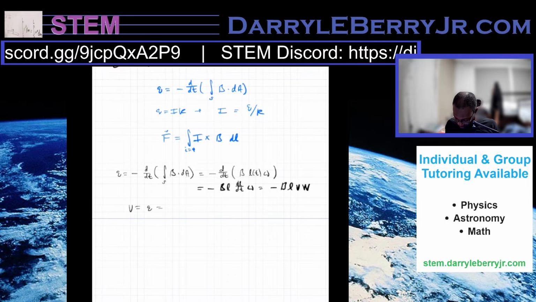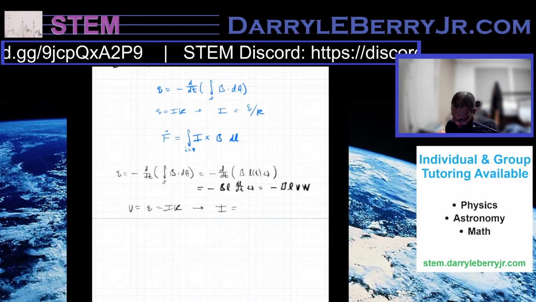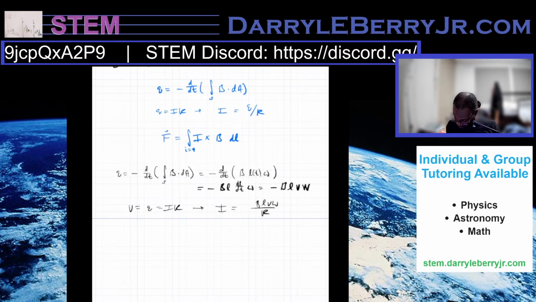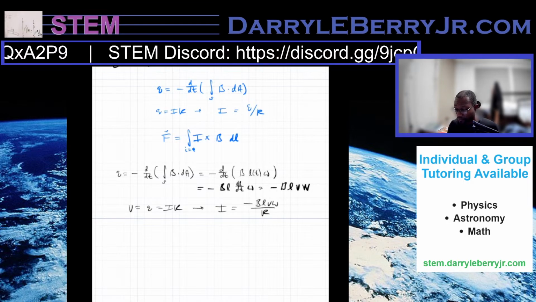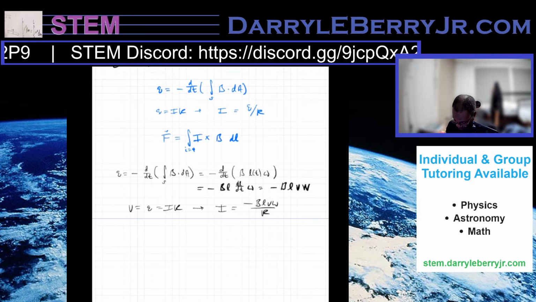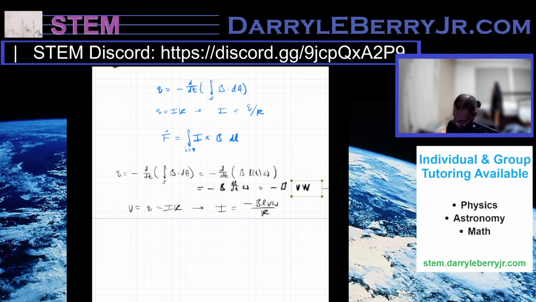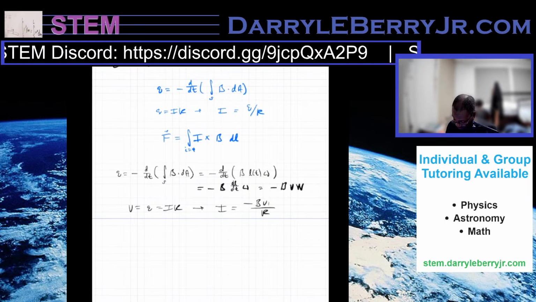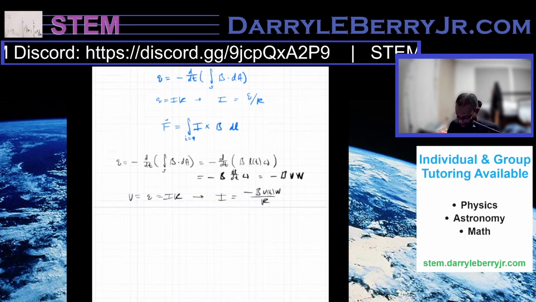We have V equals E equals IR, so I equals negative B L V W over R. The L there, L is L of t, which becomes V dt, and that's V of t, right? That's our current. So now all I have to do is get the force.